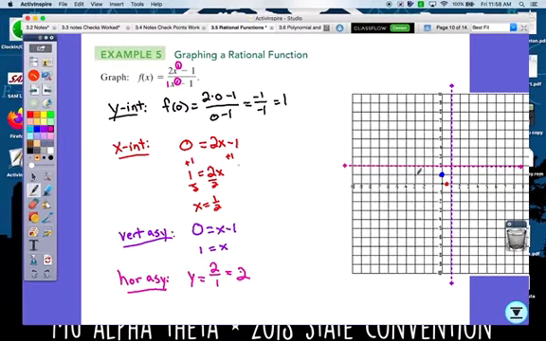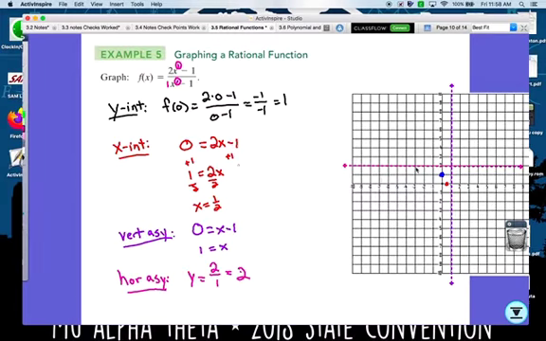What I like to think on rational functions is that the parts of our graph are split up by the vertical asymptote. Here we have one vertical asymptote, so we need to know what happens to the left of that and what happens to the right of that. Because of the x-intercept and y-intercept, we know what happens to the left. It's going to be below the dotted line. With just one vertical asymptote, the graph is either below or above.